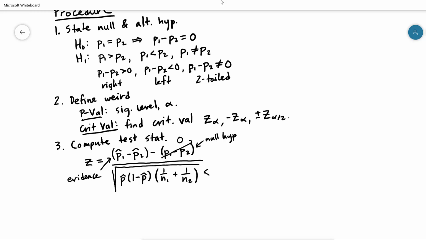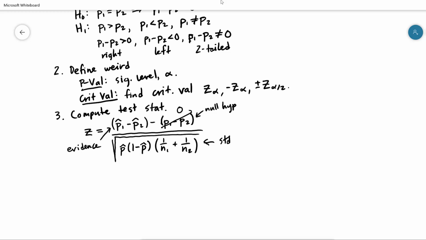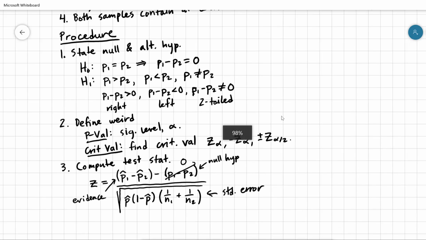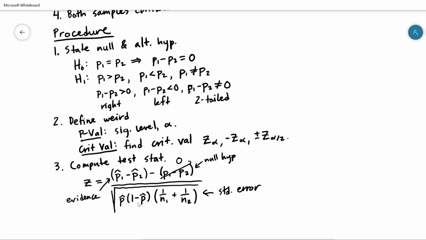This is our evidence. And this term over here is our standard error. But notice in our standard error, it involves this p-hat term. We don't have a p-hat in this problem. We have two different p-hats. We have p-hat 1 and p-hat 2, but we don't have p-hat. And so I need to define what this is. This is sort of the combined p-hat.